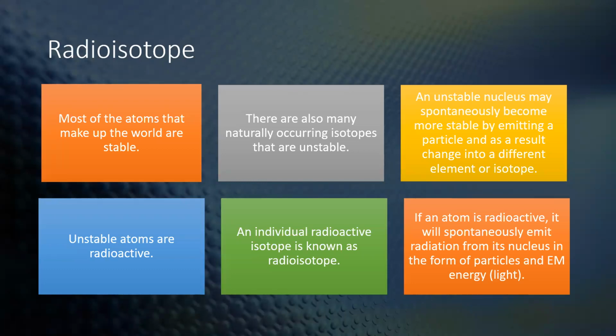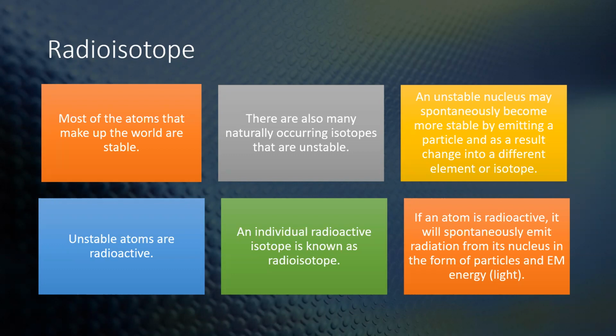Now we come to radioisotopes. Most of the atoms that make up the world are stable, all right? But there are many naturally occurring isotopes that are unstable. What do we mean by an unstable isotope?